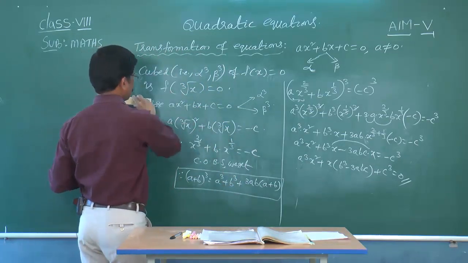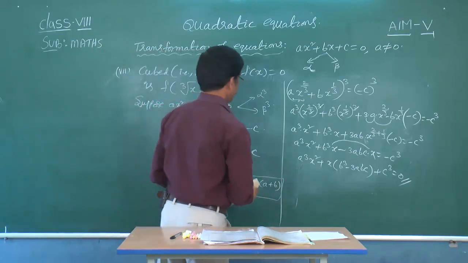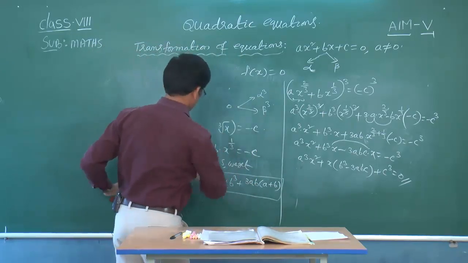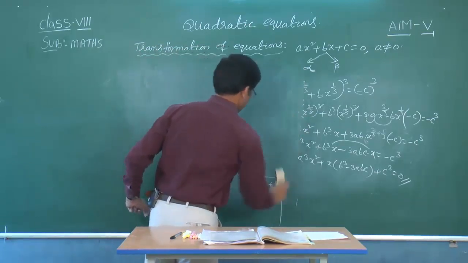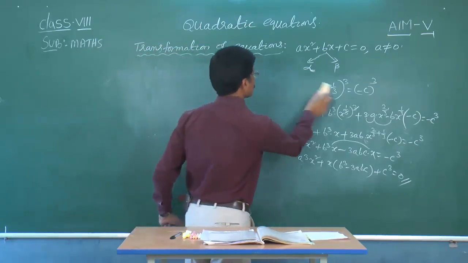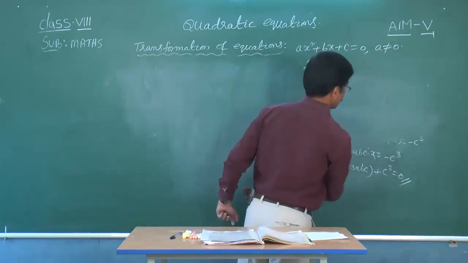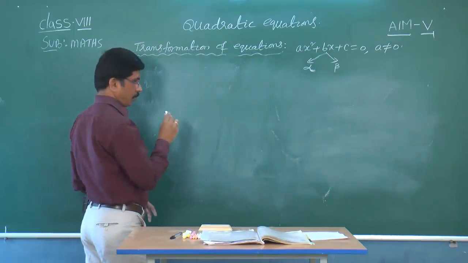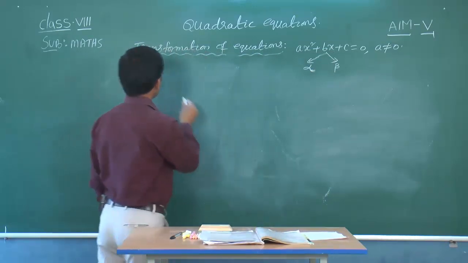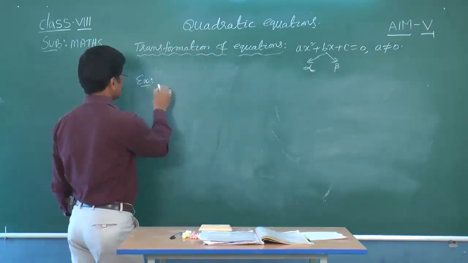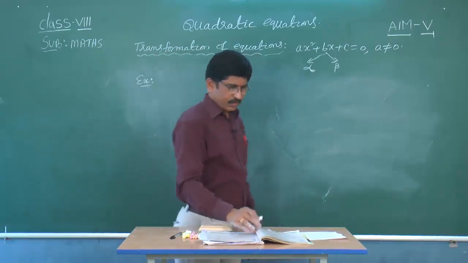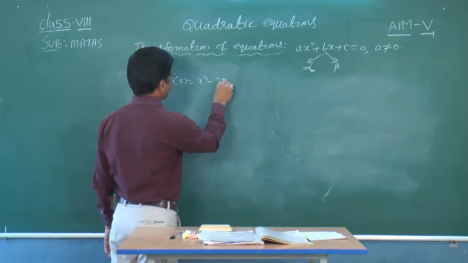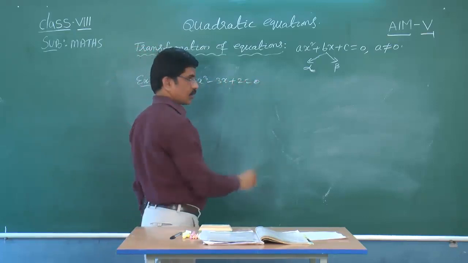See an example. f of x is equal to x cube minus 3x plus 2 is equal to 0.